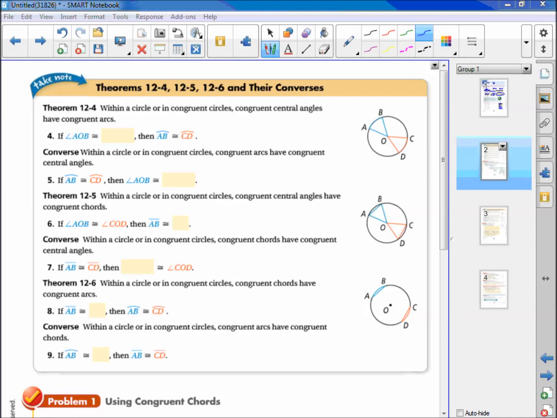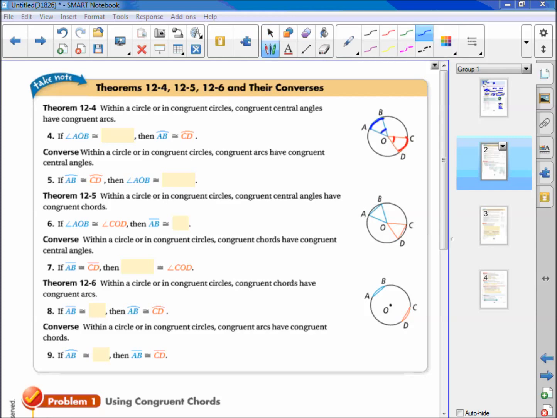All right, so first theorem, within a circle or in congruent circles, congruent central angles have congruent arcs. So in this circle over here, the blue central angle is congruent to the red central angle. And they're going to have the same arcs. So this blue arc is going to have the same measure as this red arc.